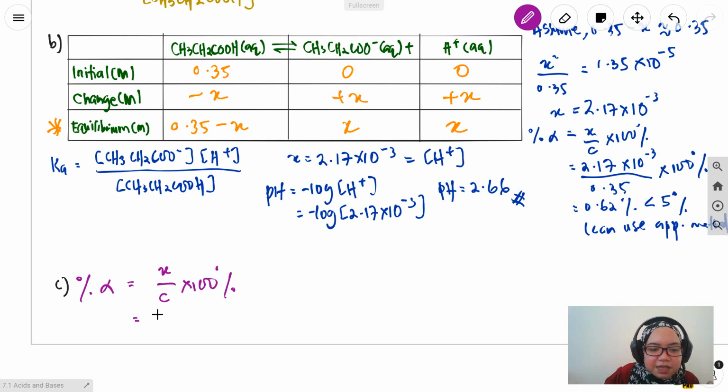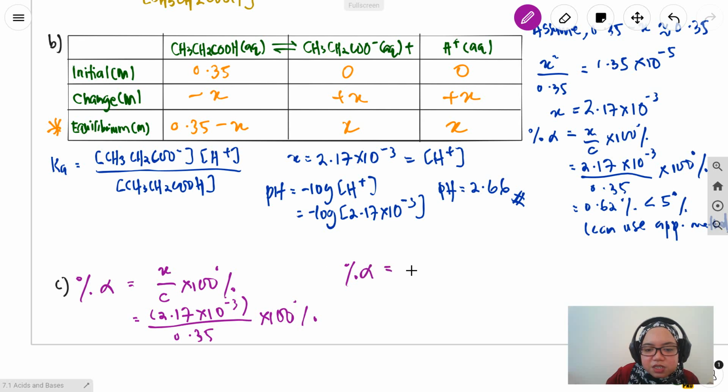So we will get x is actually equals to 2.17 times 10 negative 3, C is equals to 0.35, times 100%. We will get percentage of dissociation is equal 0.62%. So this is the answer for question C.